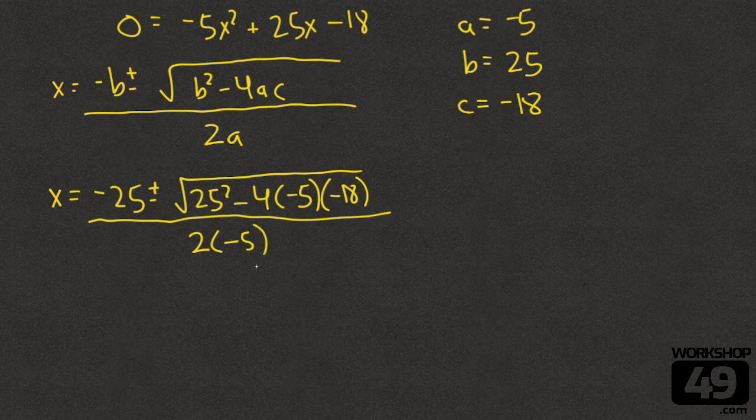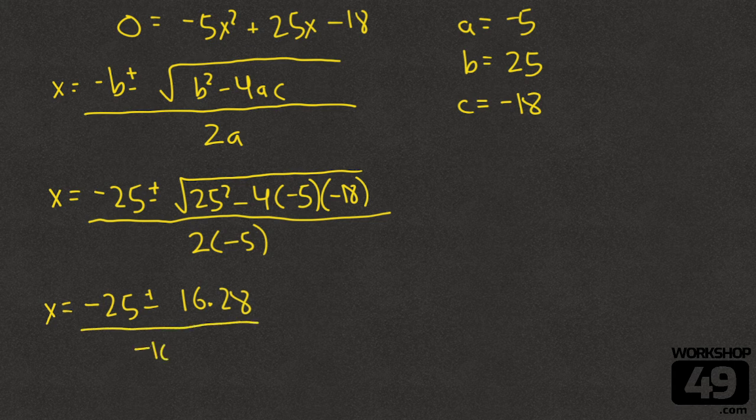Now I'm going to clean this up a little faster this time rather than showing all the steps. It's going to work out to become x equals negative 25 plus or minus 16.28 all over negative 10.